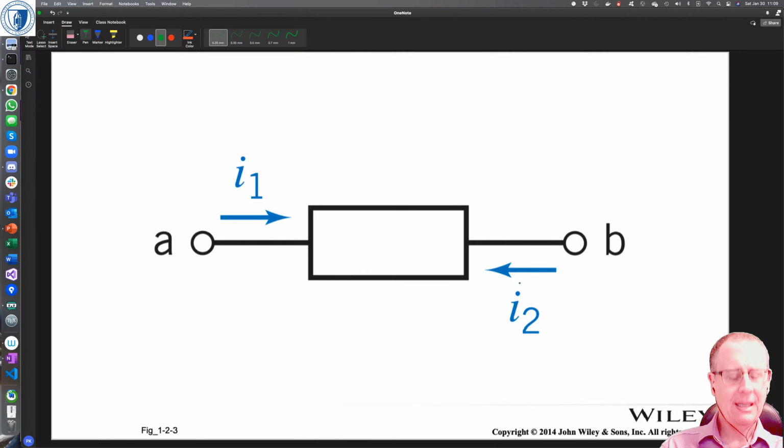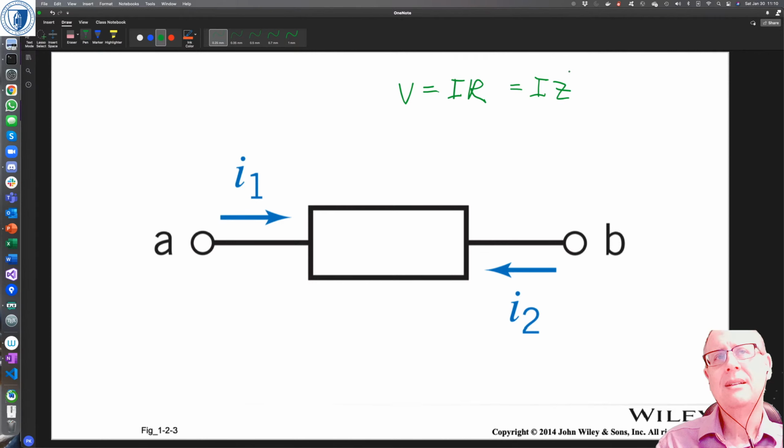One of the hardest things to get across in this course is how do you relate voltage to current? And you might think, well, that's really easy. That's just V equals IR, or V equals IZ if we're talking about complex valued impedances.